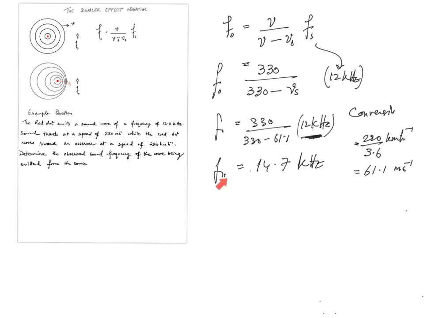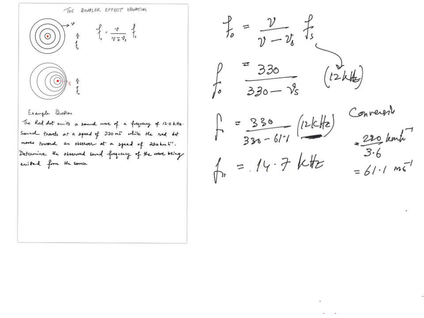So there you go. If the observer was standing in front of the vehicle and the vehicle is moving towards them, you would get this higher frequency, not the 12 kilohertz that it was sent with, but an observed frequency that would be higher, 14.7 kilohertz.